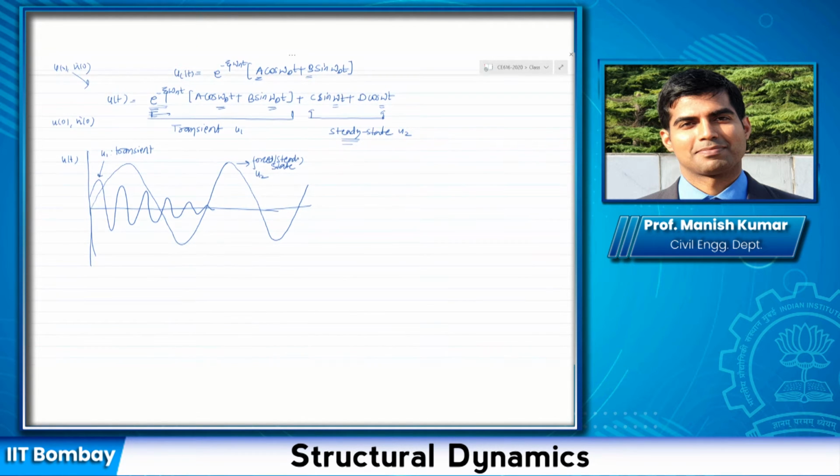So the total solution looks something like this. It starts like an undamped vibration, so the nature would be similar, but with time this would become smooth and converge. This is the total solution, u1 plus u2.